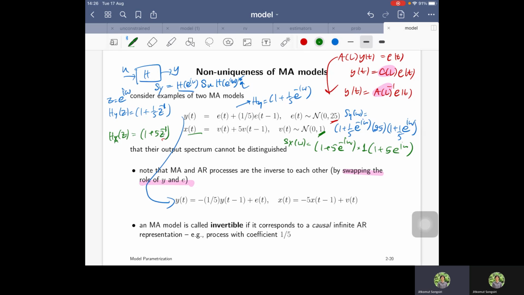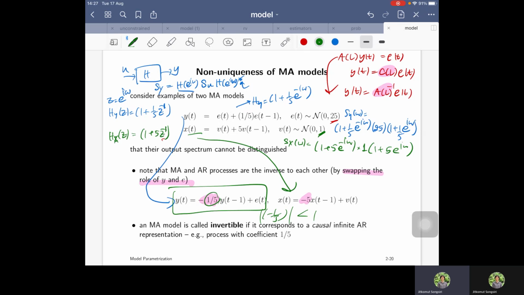The green process corresponds to this AR. Then you see that the coefficients that correspond to the AR process are different. One is negative 1.5, the other one is negative 5. Which AR process is stable, is stationary? Of course, this one, because minus 1.5 lies inside the unit circle.